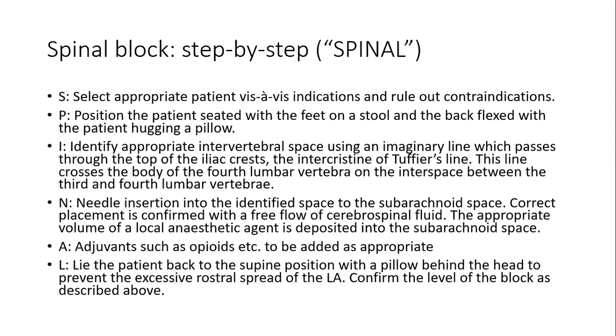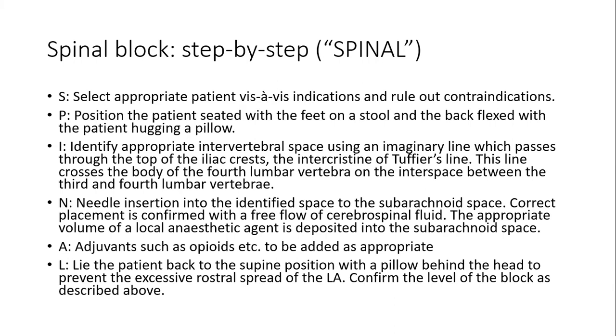And needle insertion. After you identify the space you want to insert your needle, all right, in a professional controlled fashion. And how do you assess for correct placement of your needle is when you see a free flow, a backflow of cerebrospinal fluid. All right, it must be free flow, must be continuous.